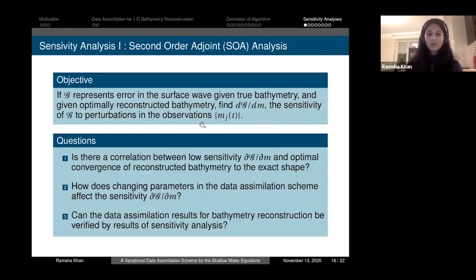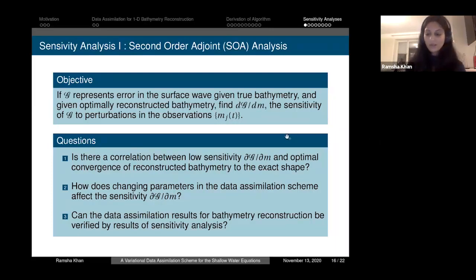The reason that we pick the sensitivity to the observations is that in a realistic setting, these are the one things that we actually have control over. So in experimental design, or in actually having a realistic forecast model, these are the things that we can actually impact.